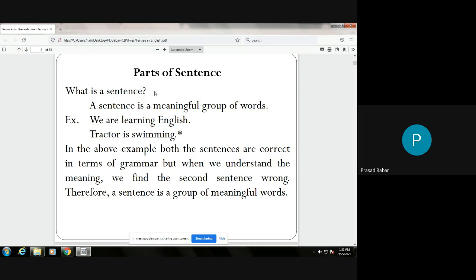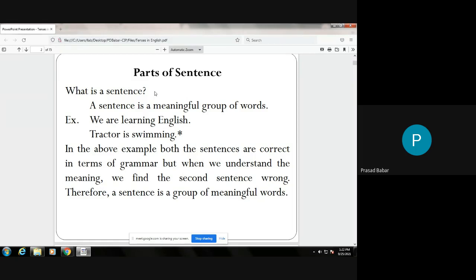I don't think so. How can a tractor swim? Is a tractor a living animal or non-living? A tractor is non-living, and it doesn't have a life, so it can't move by its own self. That is why it is a non-living thing, and it can't swim.